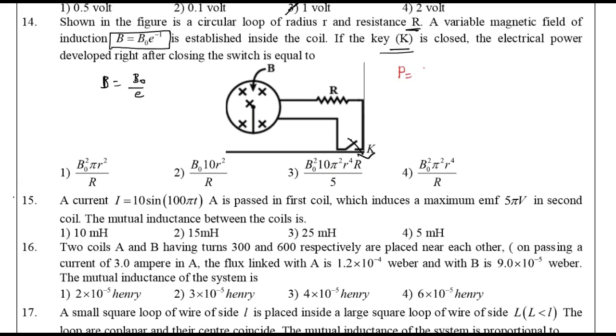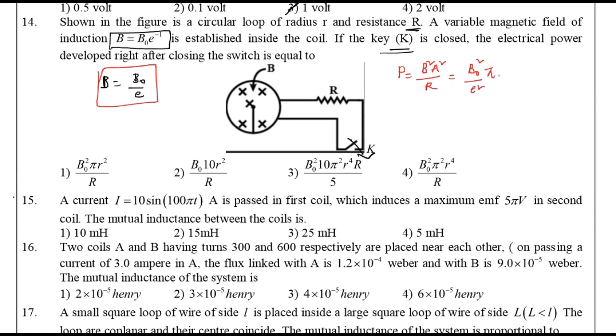is equal to B square A square by R. Now we know that B is equal to B naught by e, so this is B naught square by e square.